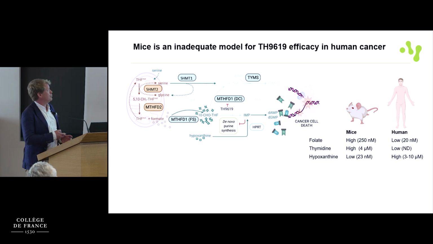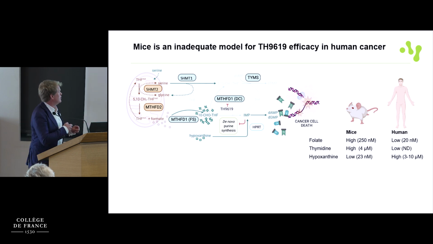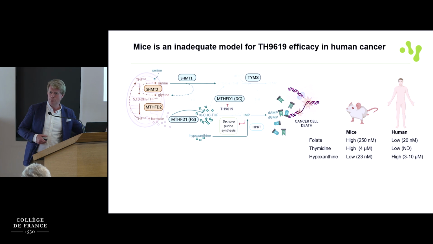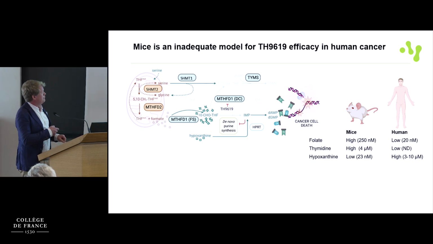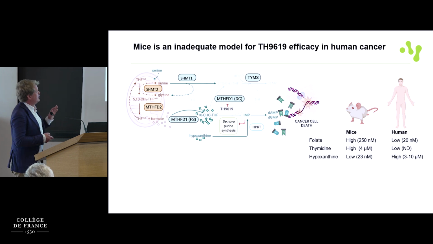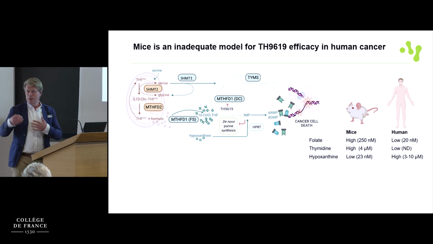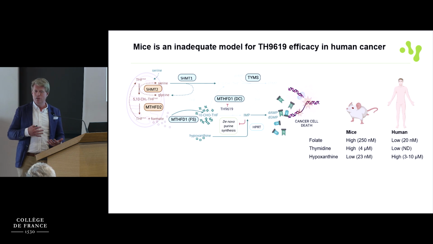So this is the reason why they become resistant. But that wasn't because they hit this target, because it's dependent on that target to generate the toxic product, which is the folate trap.